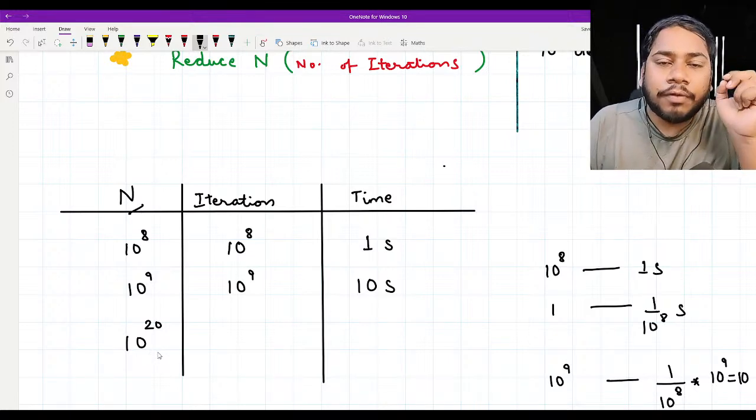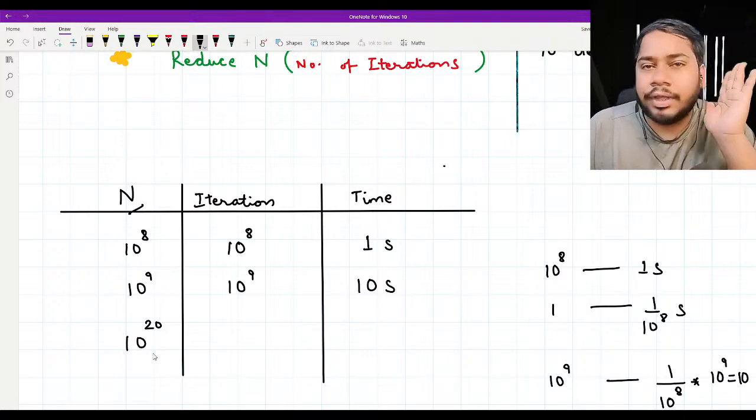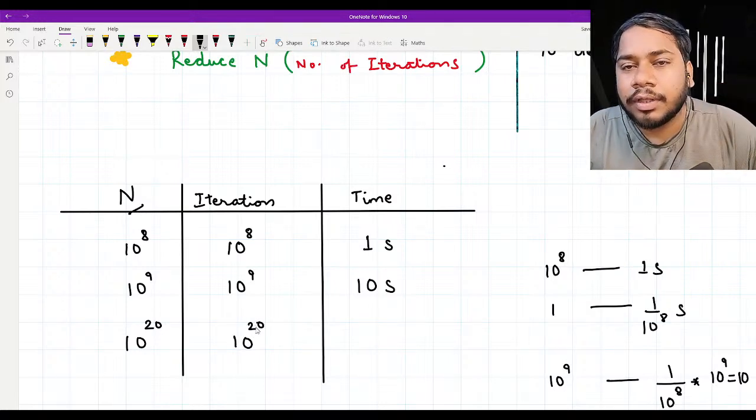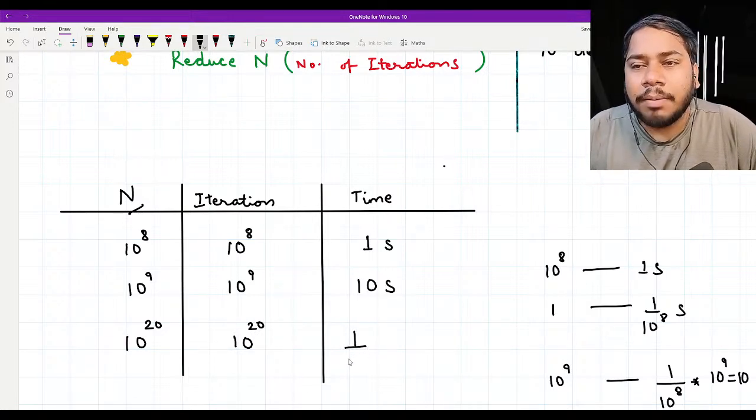Suppose you want all the factors of 10 to the power 20. So the iterations will definitely be 10 to the power 20, right? Similarly, the time it will take is 10 to the power 20 divided by 10 to the power 8.